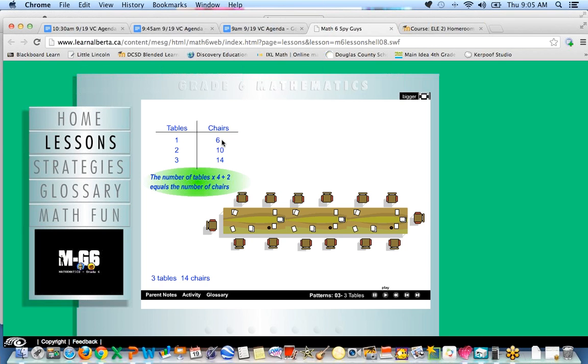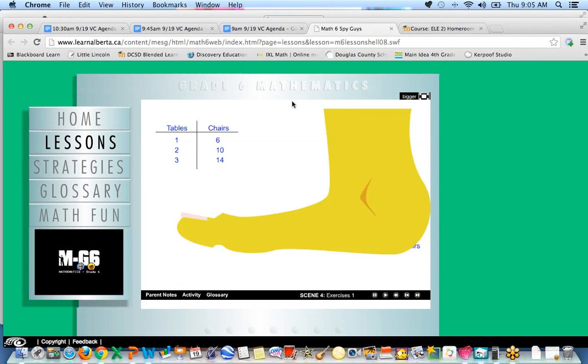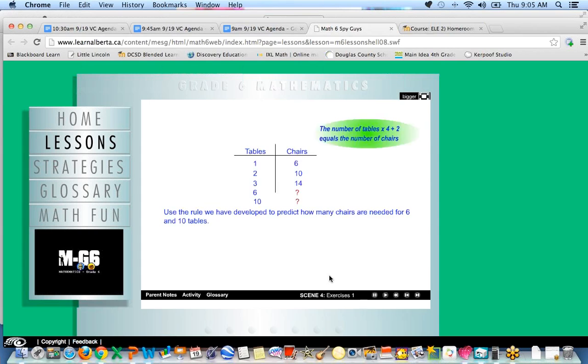Yeah, exactly. Like Clara said, this is pretty easy too. It looks like each time that we add a table, we add 4 chairs. Because if we didn't connect the tables, it would just be adding by 6.